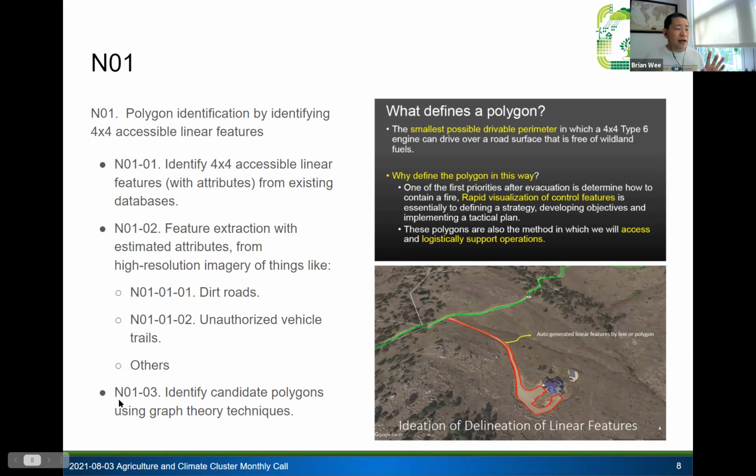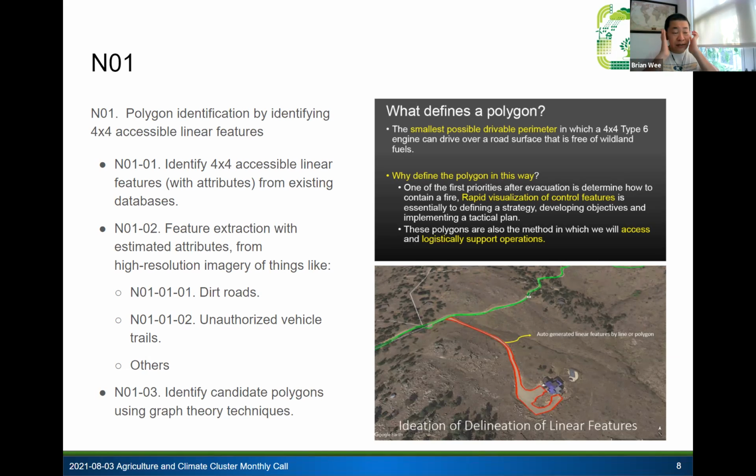And this need here, N01-03, assuming that you have some idea of the 4x4 accessible linear features, you can use graph theory techniques. Again, we won't go into this here, but if you talk to the folks doing graph theory mathematics, they have techniques to make sure that you have polygons that do not intersect, meaning that the polygons just touch each other, but you have no polygons which encompass too many other polygons, that kind of math.